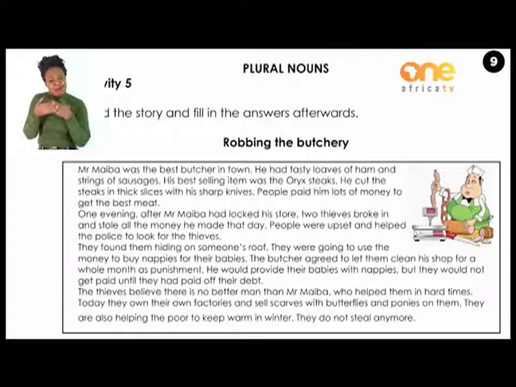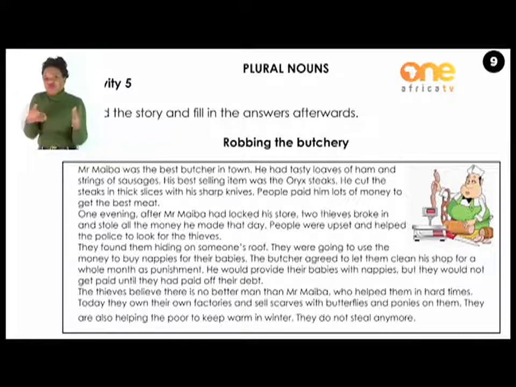Today, they own their factories and sell scarves with butterflies and ponies on them. They are also helping the poor to keep warm in winter. They do not steal anymore.